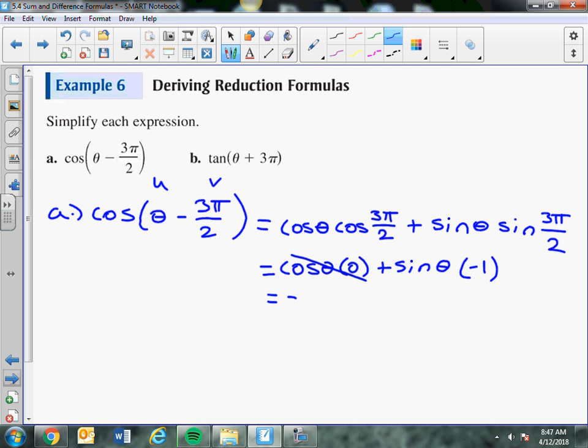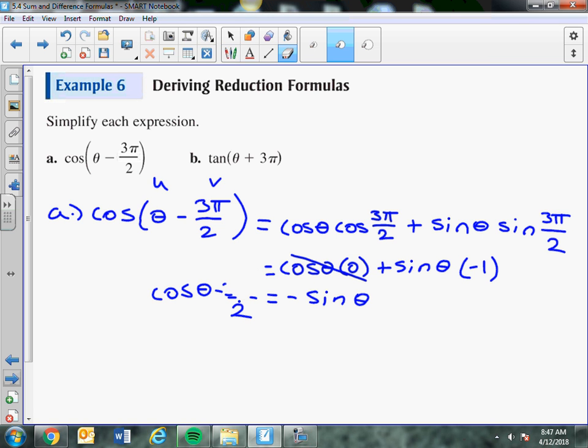We'd be left with negative sine theta. So what you're essentially simplifying the original expression to is just negative sine theta. That should be a minus.